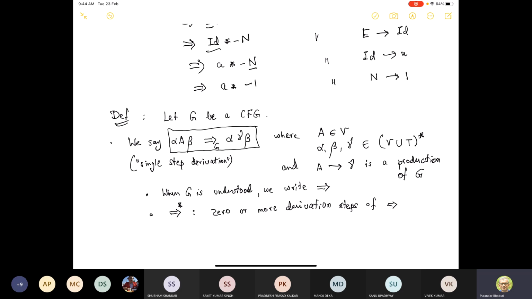So if you think of double arrow as a binary relation between strings, then this double arrow star is the reflexive transitive closure.